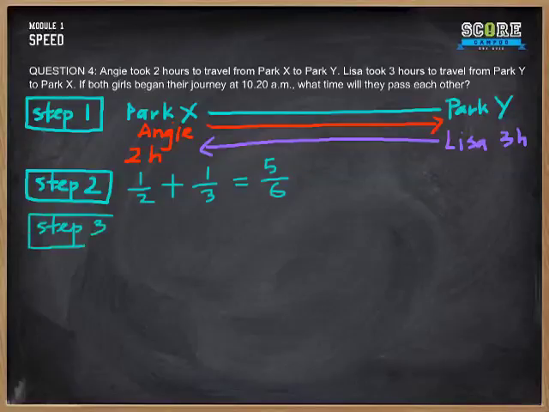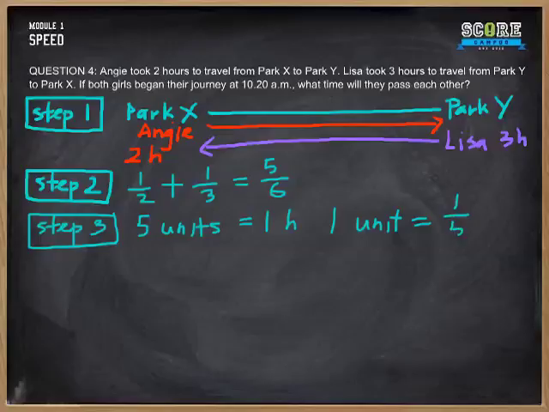Step 3, we're using the units method. So now we know 5/6 of the journey was covered in 1 hour. If 5/6 of the journey was covered in 1 hour, what about 6/6, the whole journey? So 5 units equals 1 hour. 1 unit is equal to 1/5 of an hour.